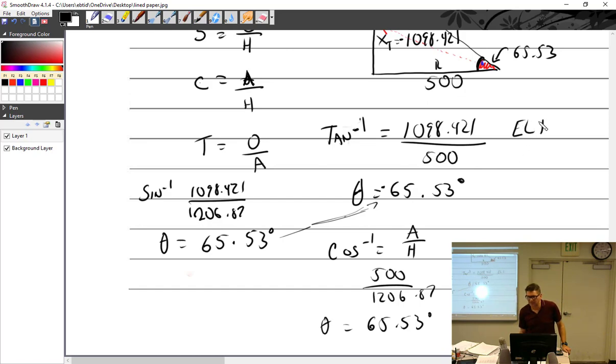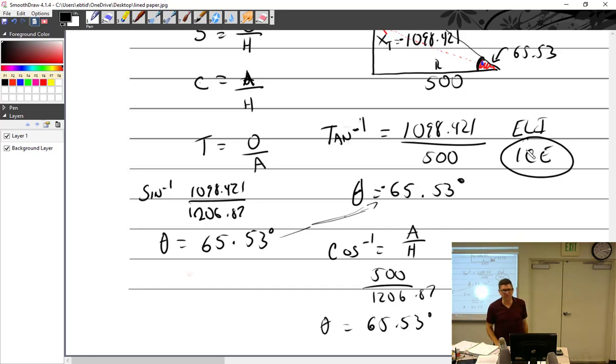ELI the ICE man. If it went negative, was it more capacitive or more inductive? More capacitive. What leads? Current. What lags? Voltage. That's all I care about, so I honestly don't even put the negative there. I just say the angle is 65.53, because it's not a negative angle.